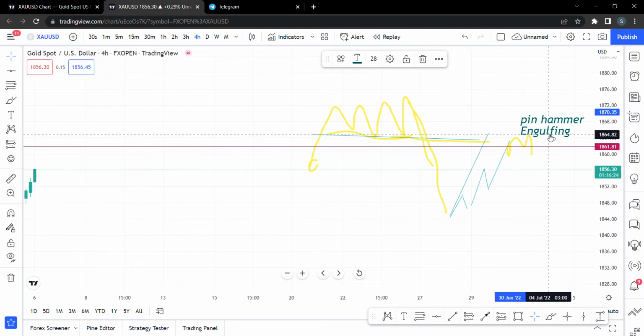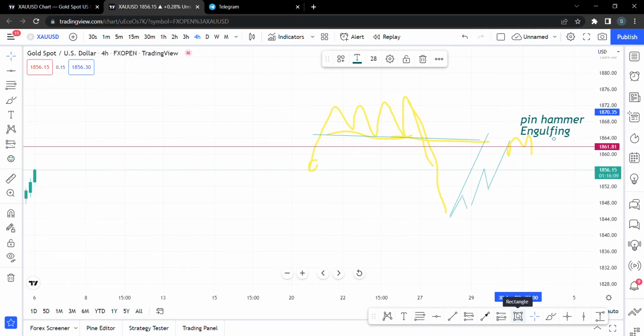Those are the two candlestick formations that you need to see. What's a pin hammer? There are different variations of pin hammer. You have the bullish and the bearish.